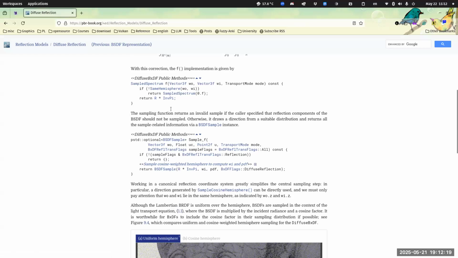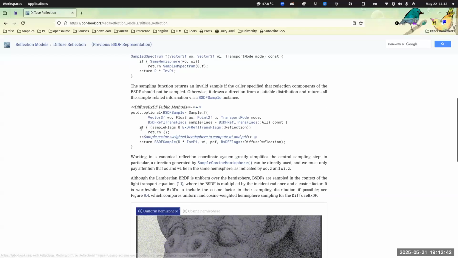The sampling function returns an invalid sample if the sample flags specify that reflection components of the BSDF should not be sampled. Otherwise, it draws a direction from a suitable distribution and returns all the sample-related information via a BSDFSample instance.